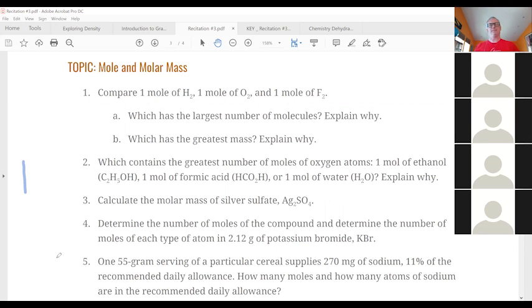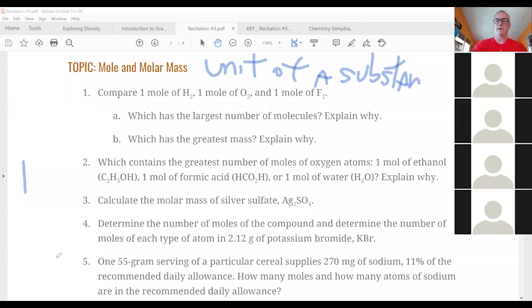So what does it mean? Yes, it's a unit of a substance. That is definitely true. It's a unit of a substance, but it isn't a mass, is it? It is a mass. I mean, we can associate a mass with it, but a mole is different from a gram.